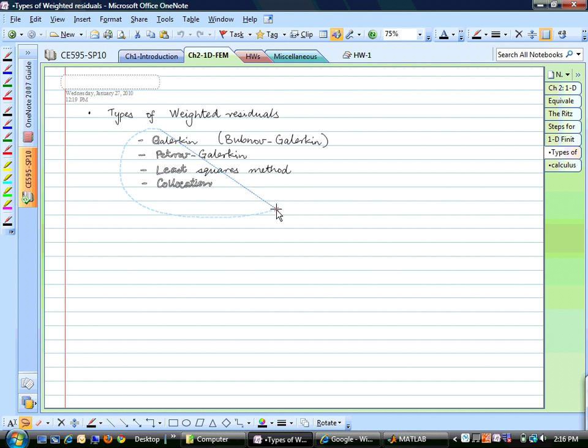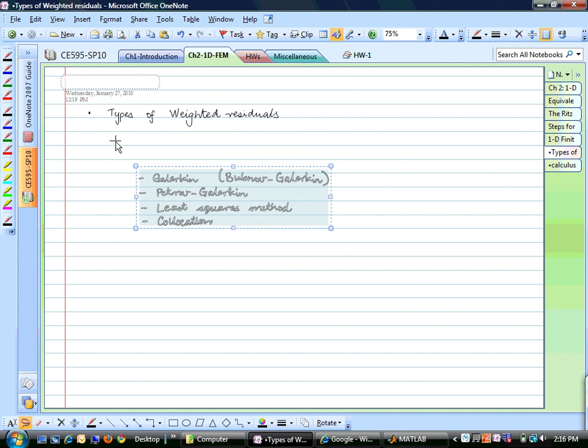Just to recall, when we set up our functional, we said that the functional is the integral from 0 to L of u prime times our governing differential equation.